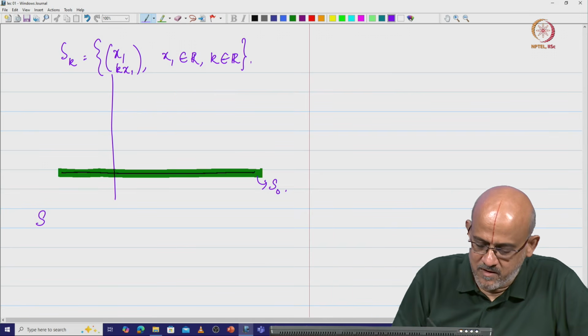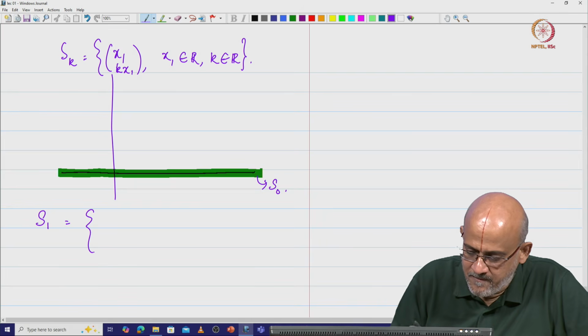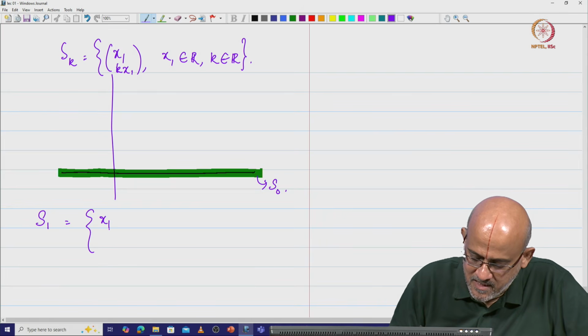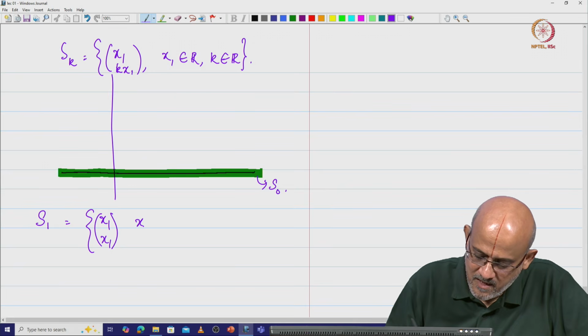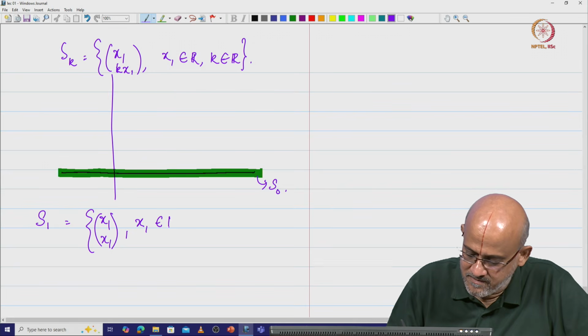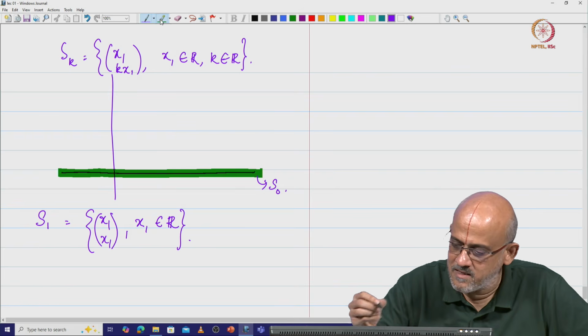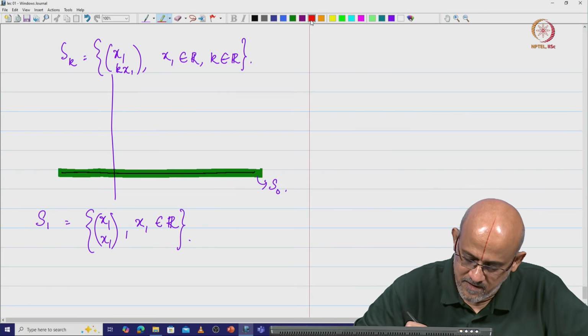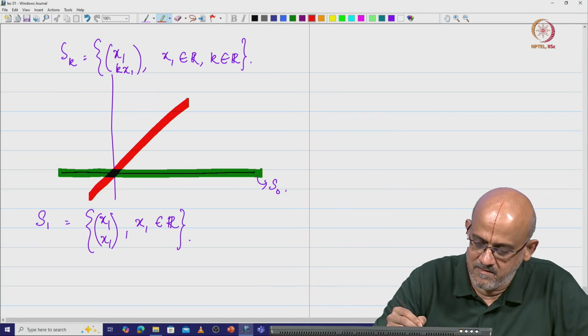So, now I am going to look at S1, that means k is equal to 1. I am going to look at the set of all vectors of the form x1 comma x1 where x1 is in R. So, how does that look like? That basically looks this way. It is the 45-degree line that we have, right.